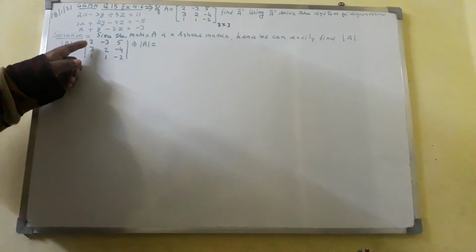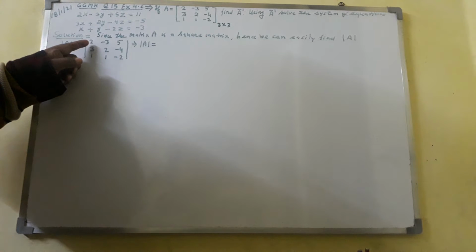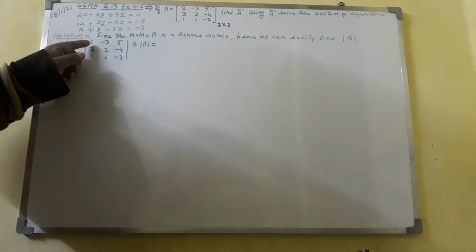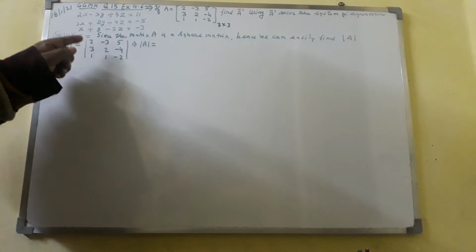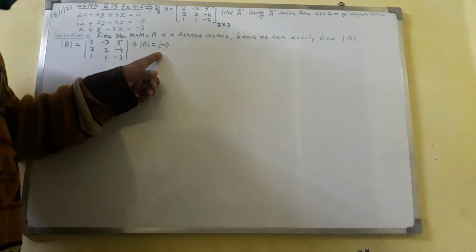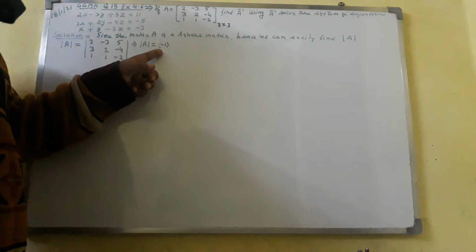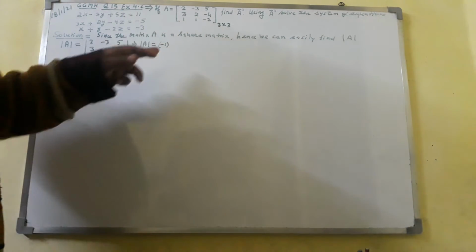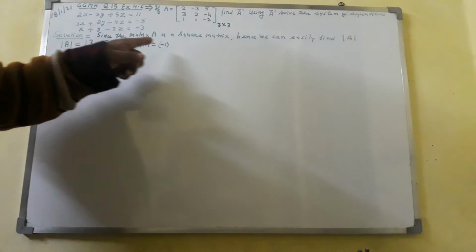Here you can see 2 is there in first row and first column. So first of all, I shall discuss 2. Plus 2 is there. For plus 2, here I shall write minus 1, which is a constant, fixed here, raised to the power row position plus column position.